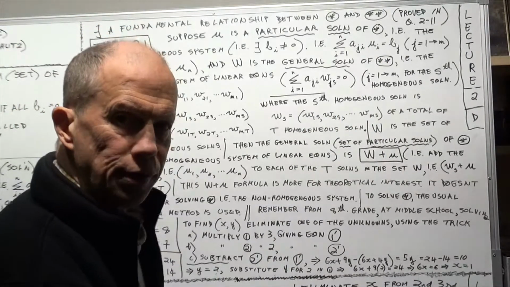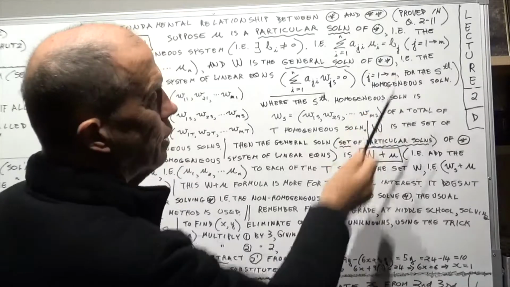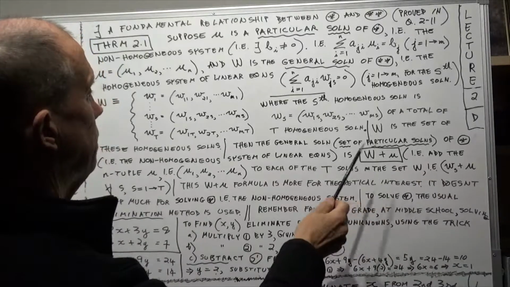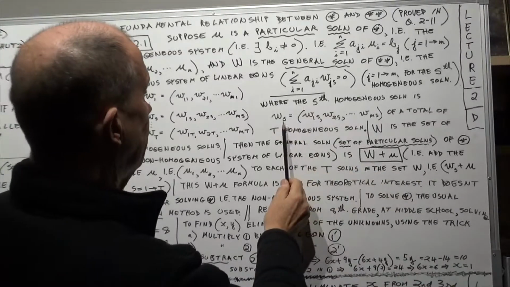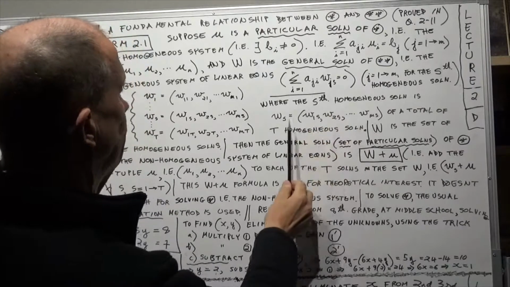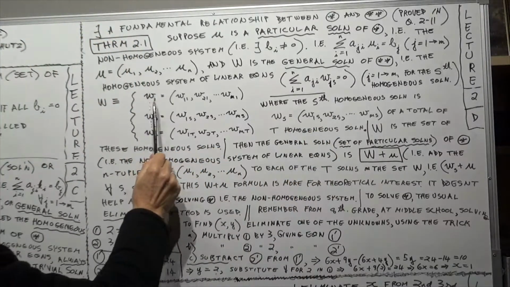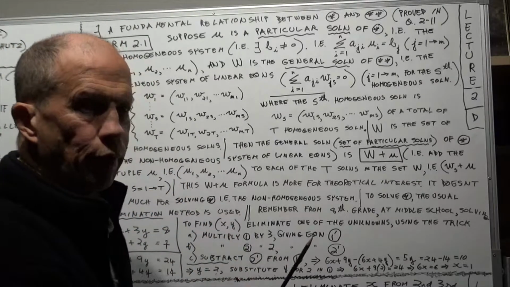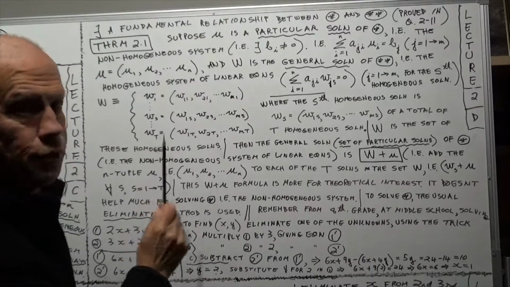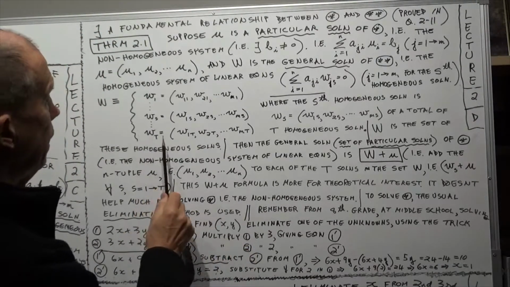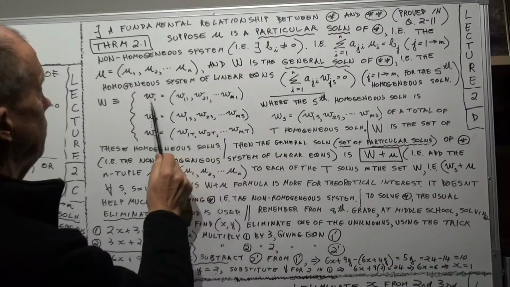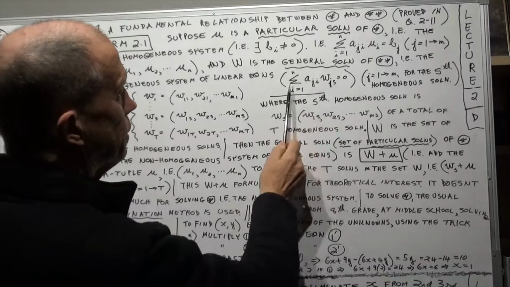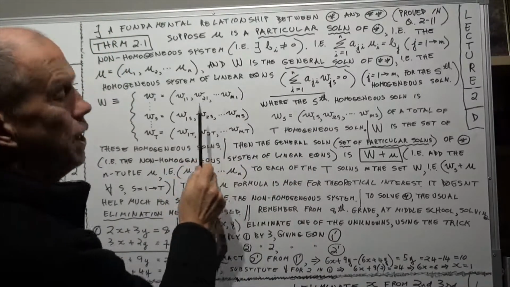So you find all possible solutions of the homogeneous equation, and let them be W. Say you have a finite number of them. We'll say there are a total of T of them, and so one particular solution for the homogeneous system might be this one.